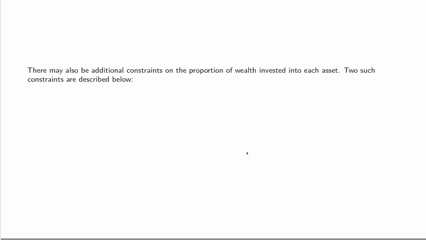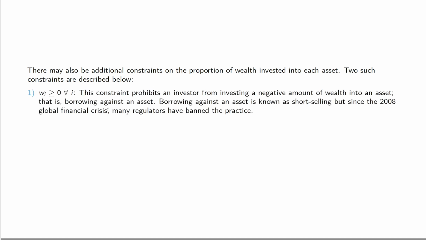We're going to deal with additional constraints, and two such constraints might be described below. The first constraint is that all the weights on the portfolio must be greater than 0. In other words, you can't invest something like negative 20%. This constraint effectively prohibits an investor from investing a negative amount of wealth into an asset.